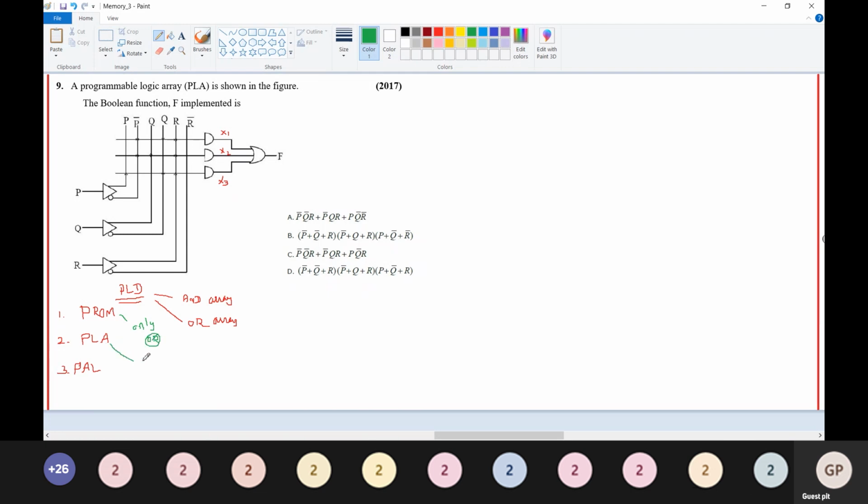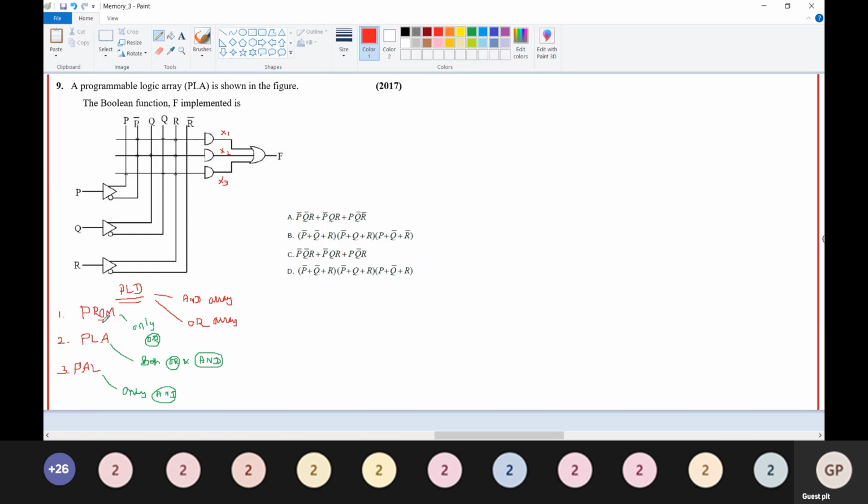In PLA, both the AND array and the OR array are programmable. In PAL, only the AND array is programmable.